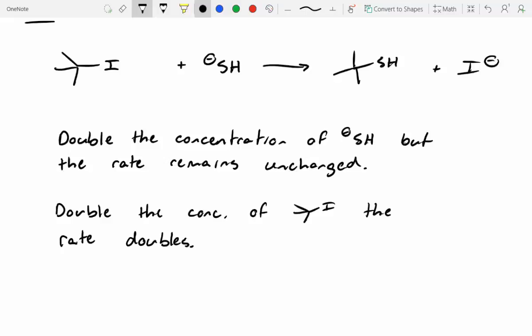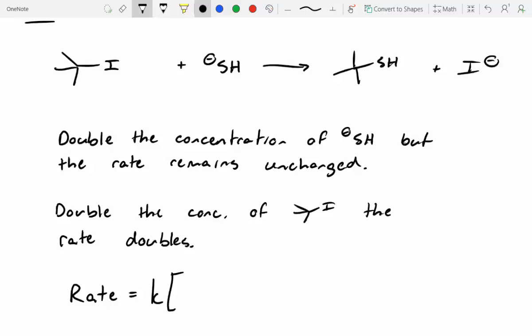You guys can draw in the bond line formulas. You don't need to actually write the name. Be first order. Okay. So if we think about rates, they always have this small k.